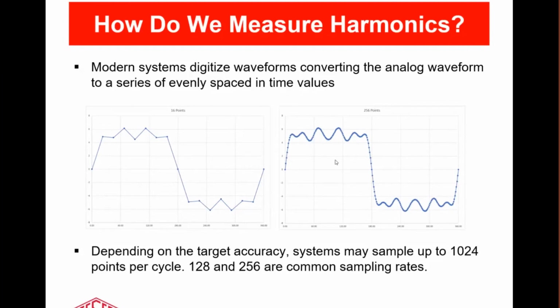And this one on the right has 256 data points for a single cycle. And typically, this data is taken continuously, and fast Fourier transforms are used to convert the data into harmonics.